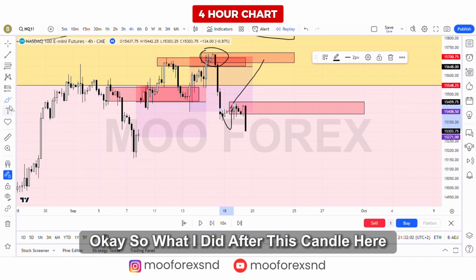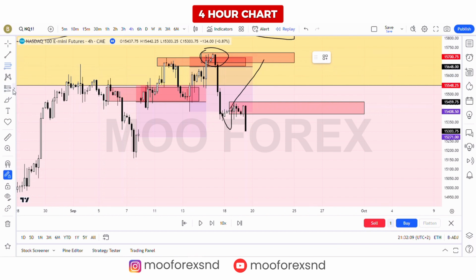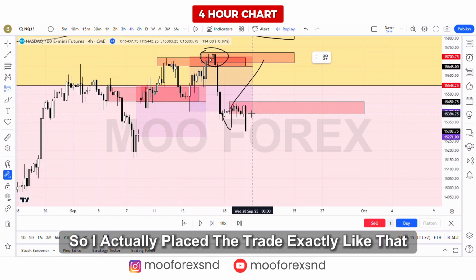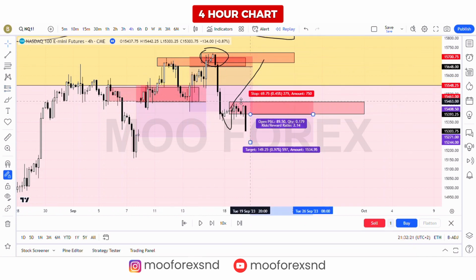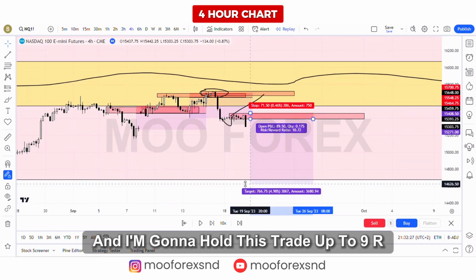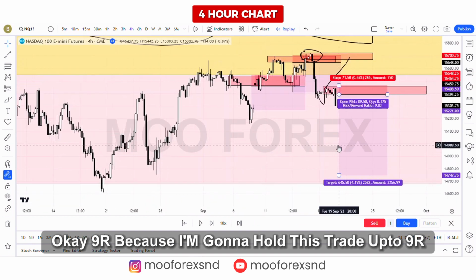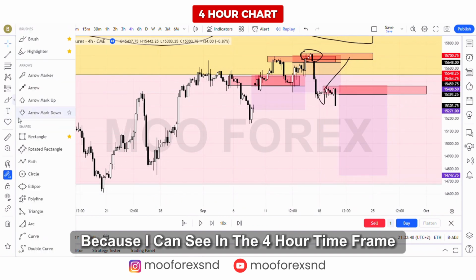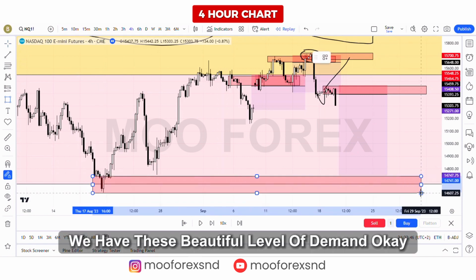So what I did after this candle here, I actually placed a trade exactly like that. And I'm going to hold this trade up to 9 hour, because I can see in the 4 hour time frame we have this beautiful level of demand.